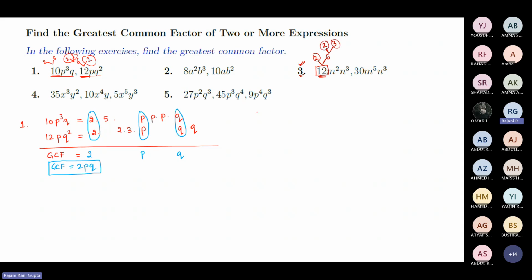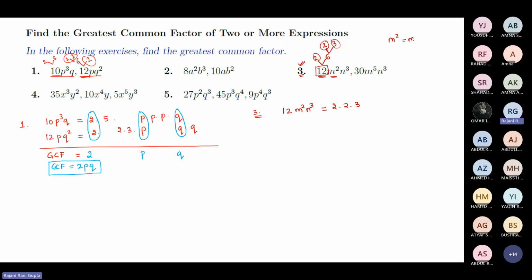So I'm doing question number 3: 12 m square n cube. In place of 12, I'll write 2 multiply 2 multiply 3. We have to make the factors prime numbers, okay? Then look at m power 2.